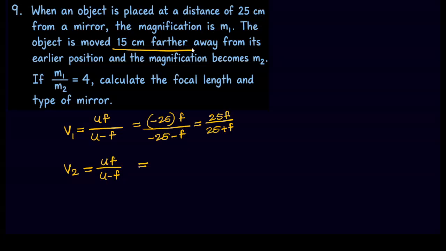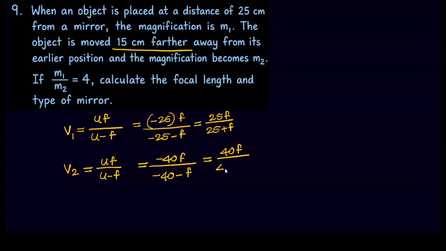It is moved away from the earlier position, so that means 40. So this is minus 40 into f by minus 40 minus f, which will be equal to 40f by 40 plus f. We got the two equations now.